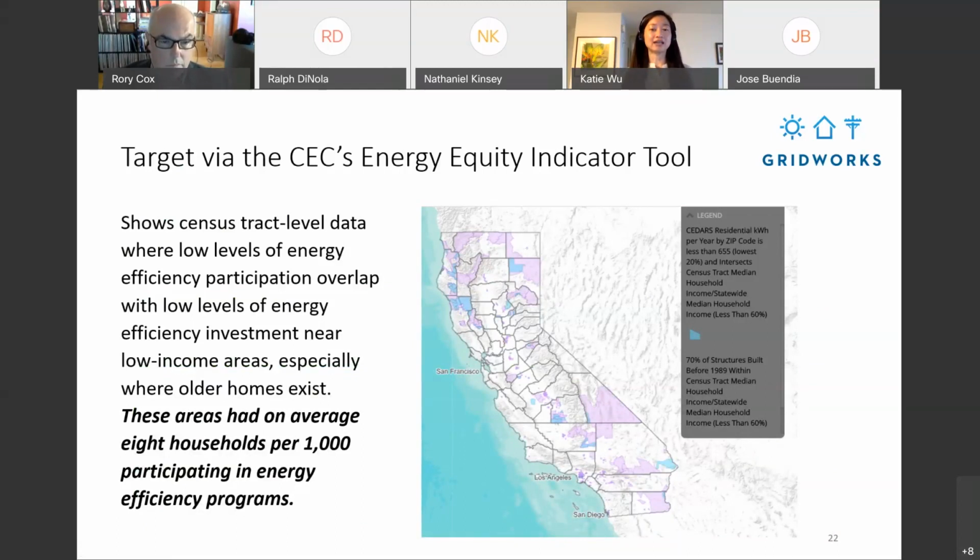These areas had an average of 8 households per 1,000 participating in energy efficiency programs. So I think that there's a lot of opportunity for building decarbonization in these areas and a lot of opportunity to make headway in early years of programs. Next slide.